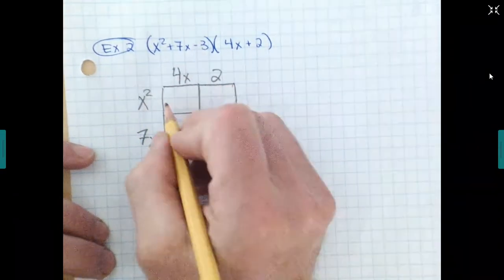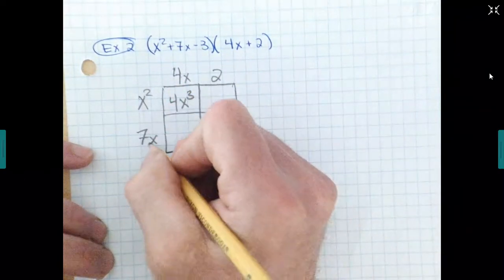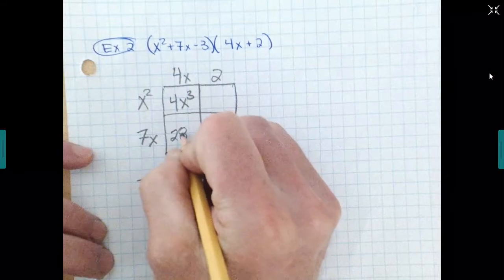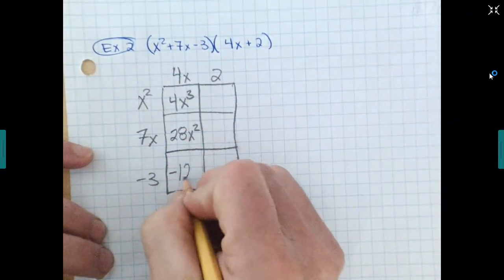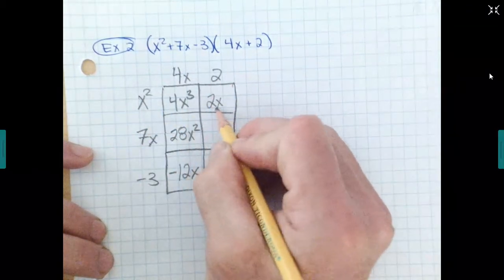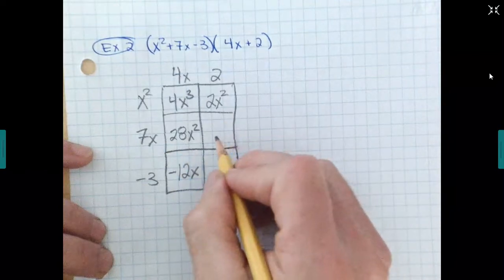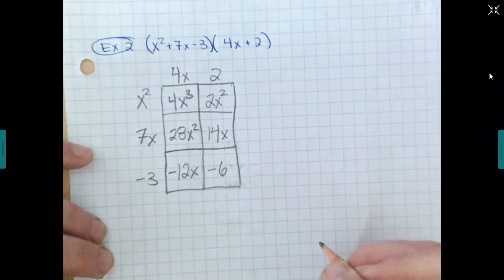4x times x squared would be 4x to the third. 4x times 7x would be 28x squared. 4x times negative 3 is negative 12x. 2 times x squared is 2x squared. 2 times 7x is 14x. And 2 times negative 3 is negative 6.